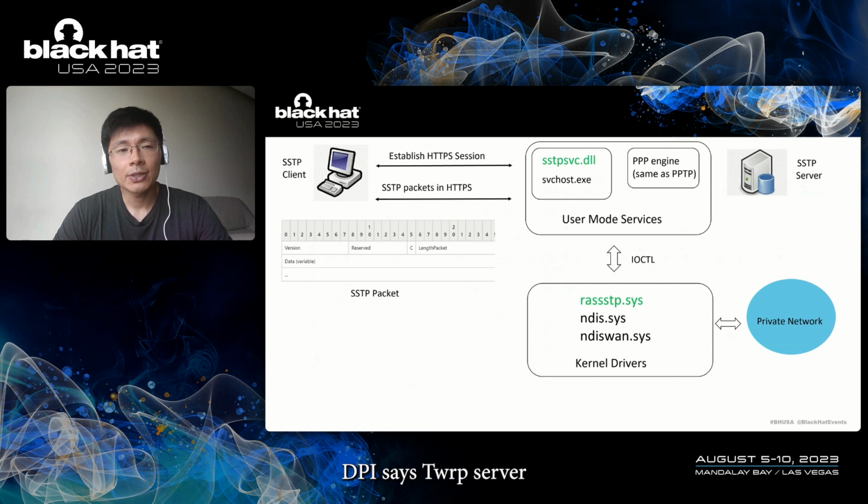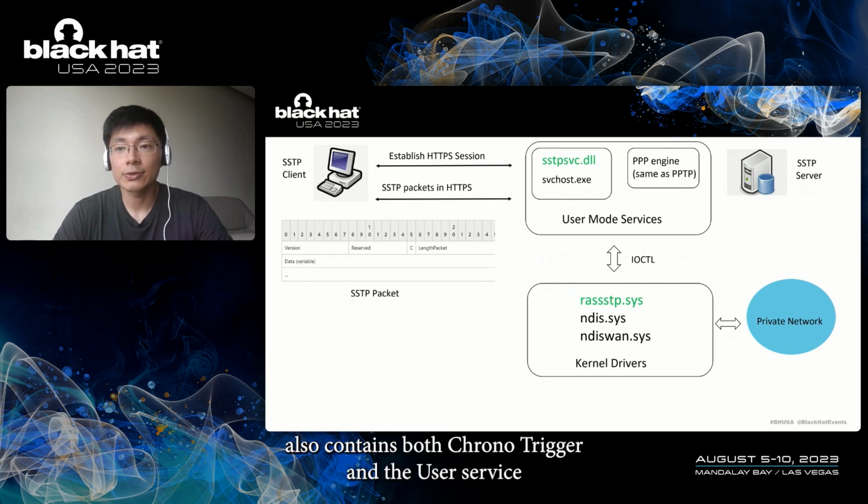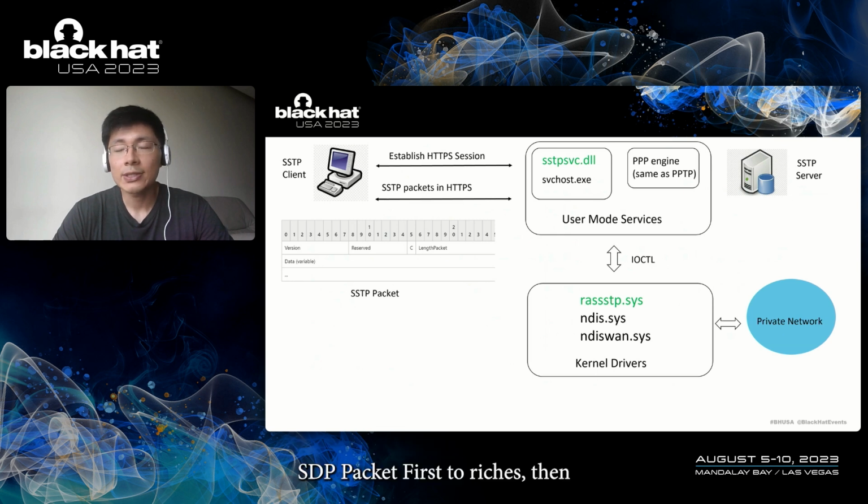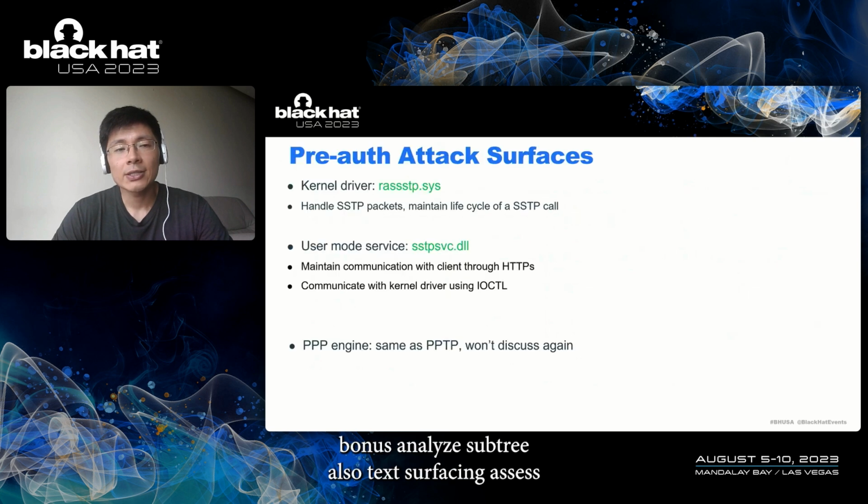Like PPTP, the SSTP server also contains both a kernel driver and a user mode service. An SSTP packet first reaches the user mode service, SSTPSVC.dll, and then is dispatched to the kernel driver, ras_sstp.sys. Let's analyze the pre-auth attack surfaces in SSTP.